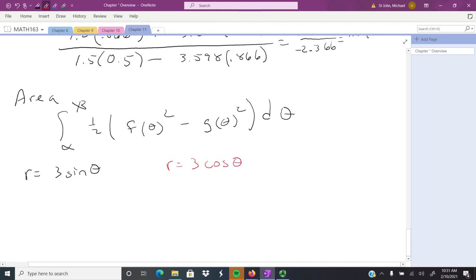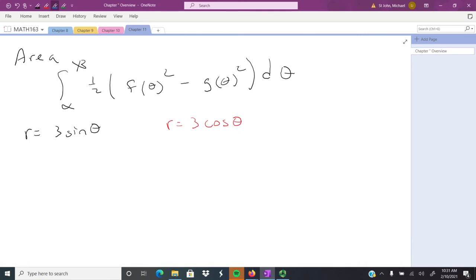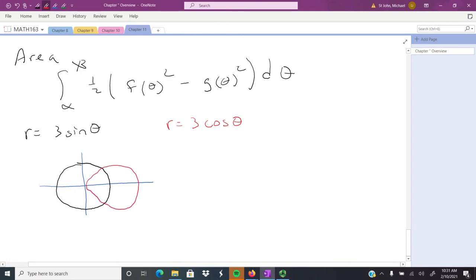If we were to put these on a graph, these are both circles. The 3 sine theta is going to be a circle like this, and the 3 cosine theta is going to be a circle like that. We want to find the area where they overlap, the part right in there. So we need to know the intersection points.